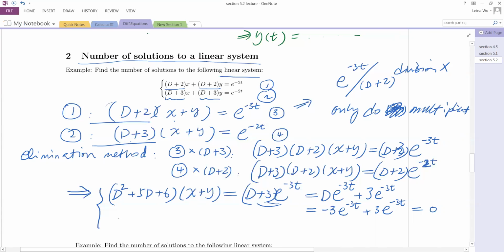Second equation: this part turns out to be D squared plus 5D plus 6 of x plus y equals D plus 2 e to the negative 2t.